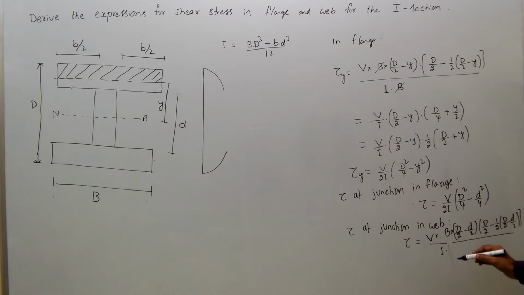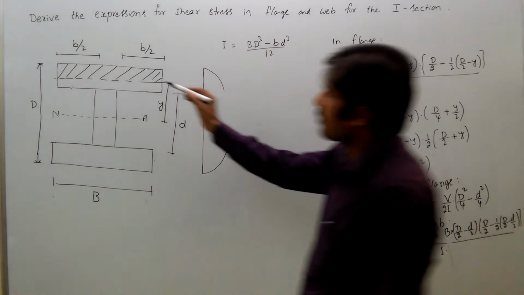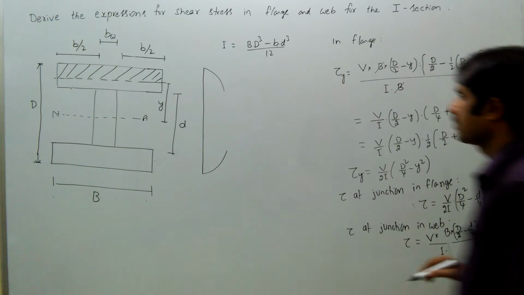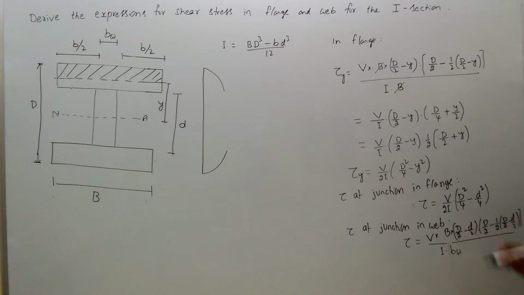The width of the web is breadth of web, BW. So that is equal to V by 2I into capital B by BW into d by 2 minus d by 4 plus d by 2, that will be 1 by 2 times of D square by 4 minus small d square by 4.